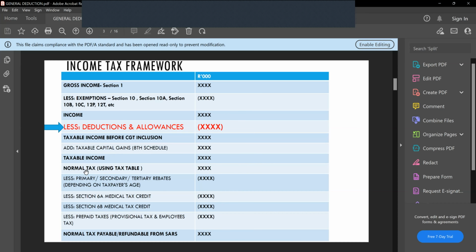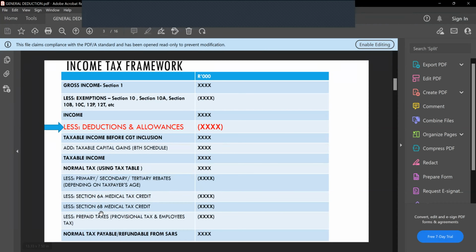And this is the part where we calculate normal tax using the tax tables. If the taxpayer is a company, we multiply the taxable income by 28%. And if the taxpayer is a natural person, we will deduct primary or secondary or tertiary rebates or a combination of the three, depending on the taxpayer's age.